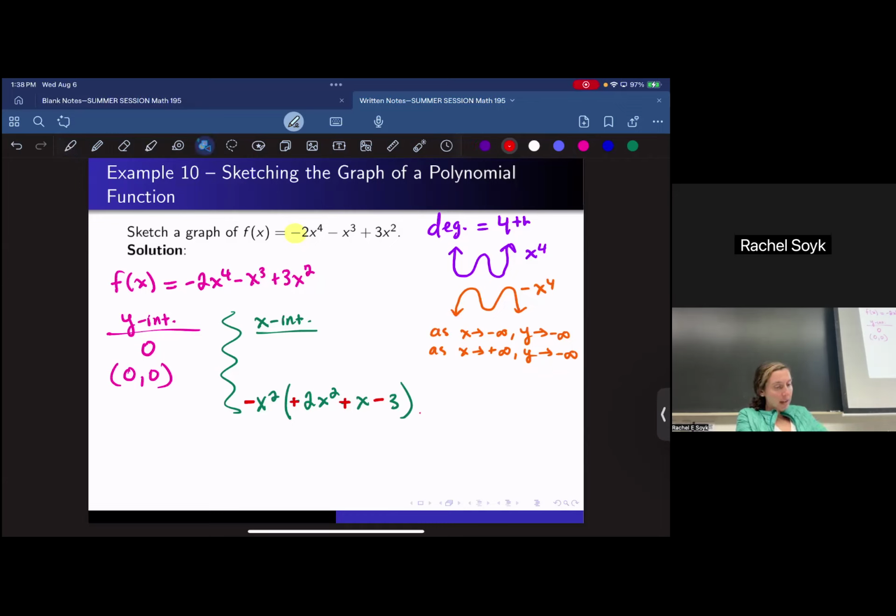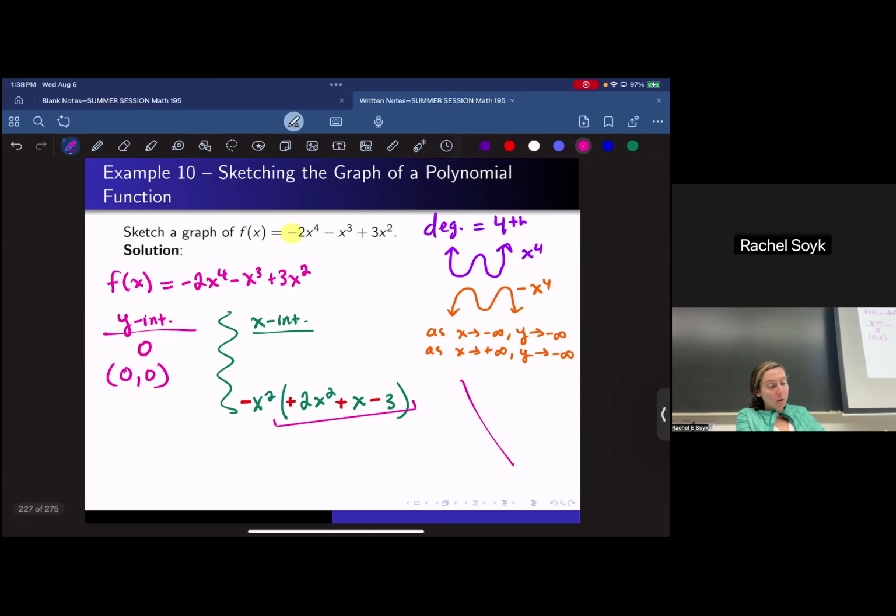So what we have inside here is that 2, which is greater than 1. So let's utilize our AC method. Our A is 2, our C is negative 3, so the product is negative 6. And then our B is 1. What are factor pairs of negative 6 that add to 1?